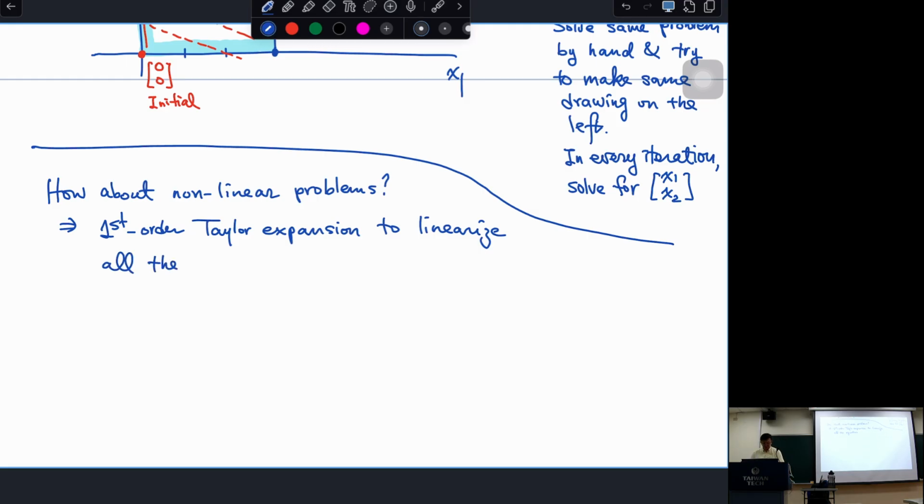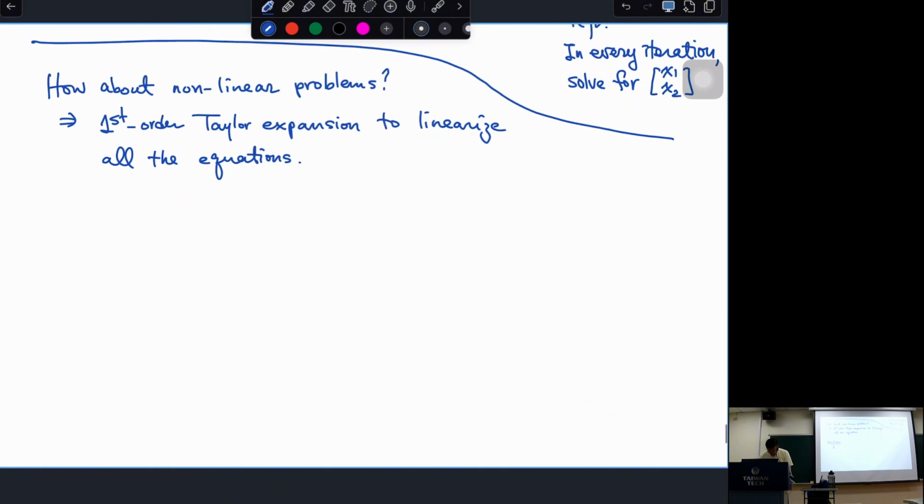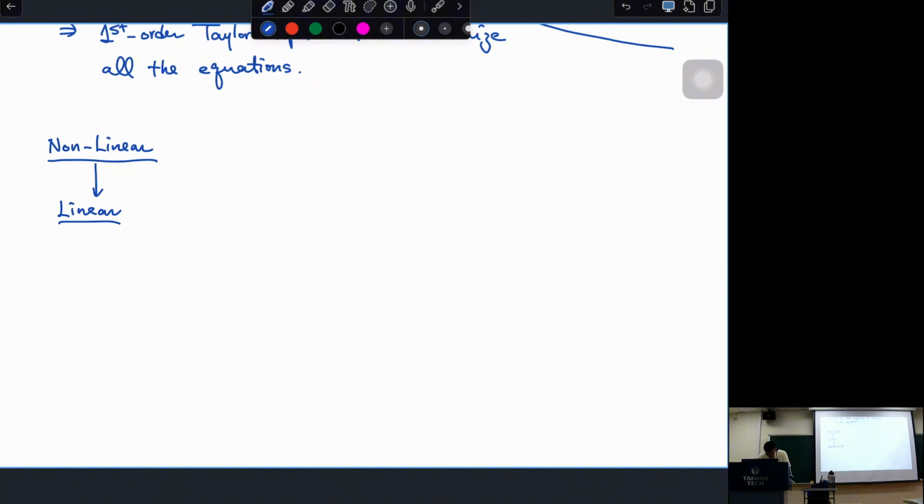So if one day you see nonlinear problems, first, linearize. Second, convert to standard format, because sometimes you have inequality constraints. So convert to standard format. Then linear programming.